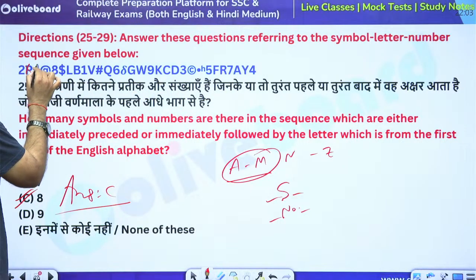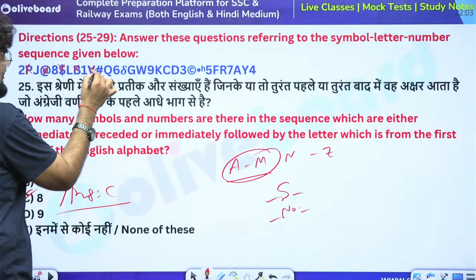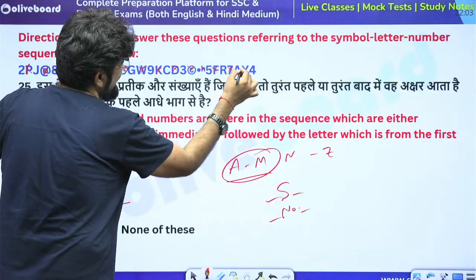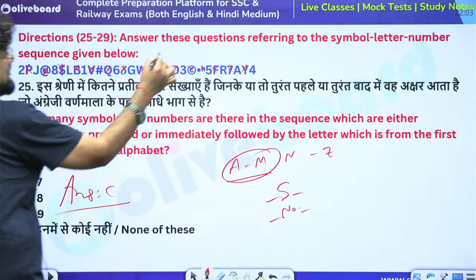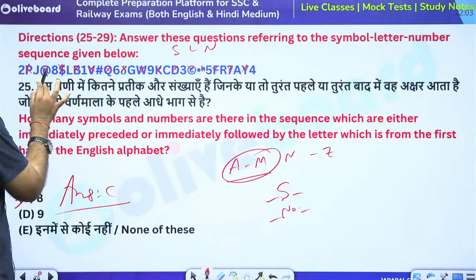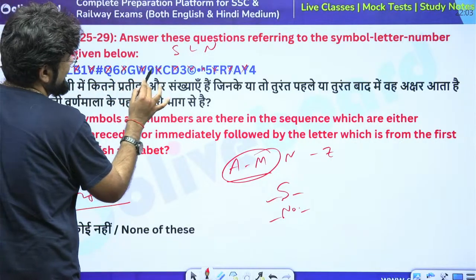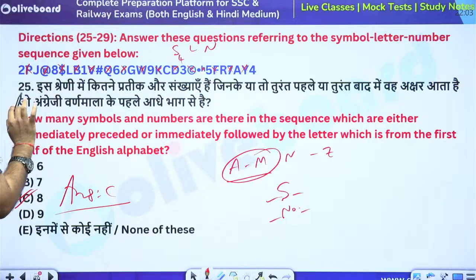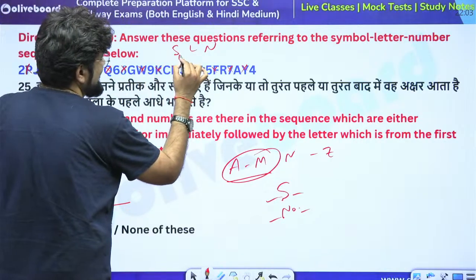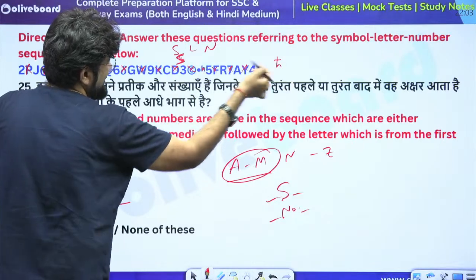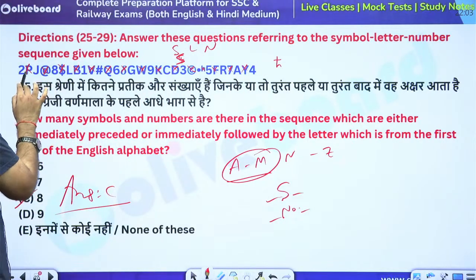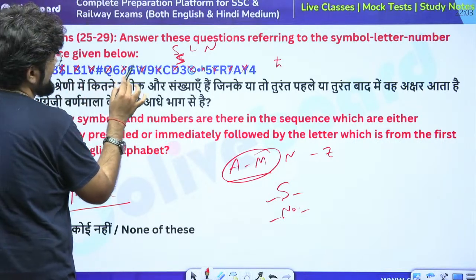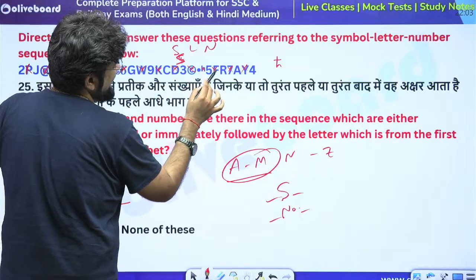Drop, drop, drop, drop, drop, drop. Okay, now count how many symbols, letters and numbers. So symbols are 1, 2, 3, 4. Four symbols. We are not sure about whether they have taken H as a letter or not. But we did not take it as a letter, no? So this was 5 only. Letters, we have 1, 2, 3, 4, 5, 6, 7, 8, 9.